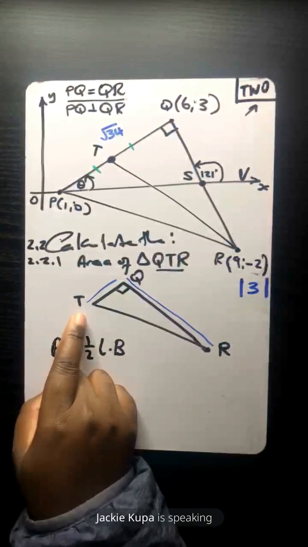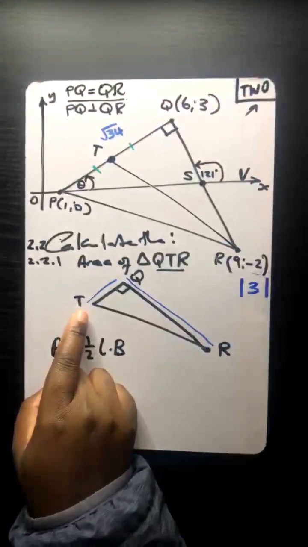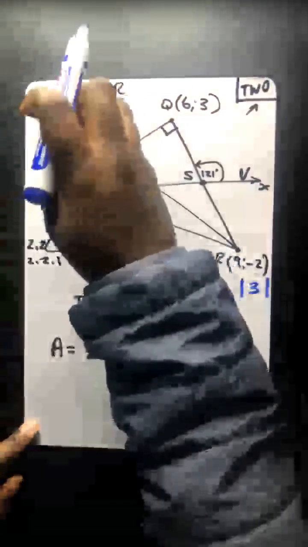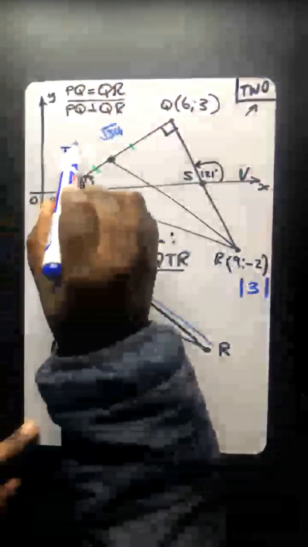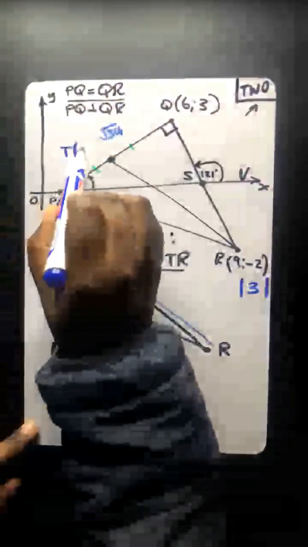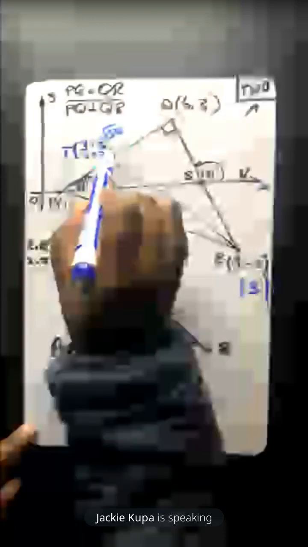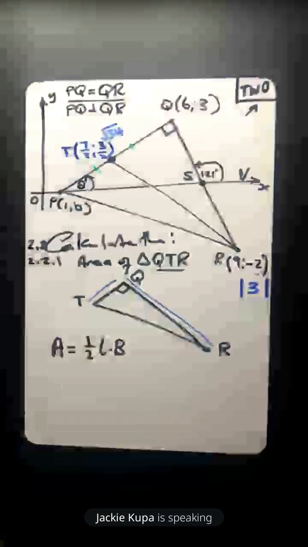T is 3.5 and 1.5. Yes, and then from there, let me write those coordinates so that we don't lose them. So we said T, what are the coordinates? Was it 7/2 and what else? Yeah, 7/2 and 3/2. Yes, okay.